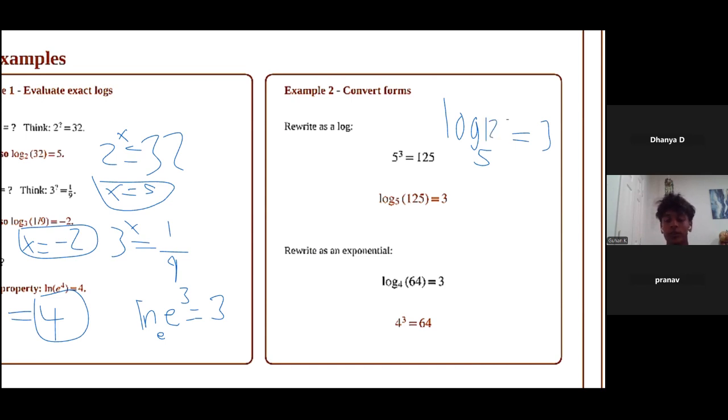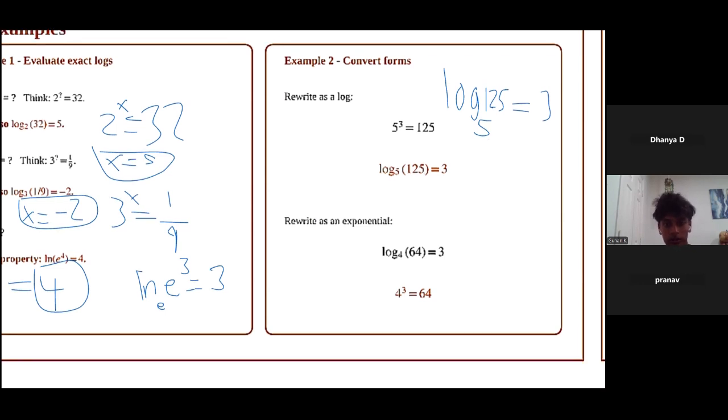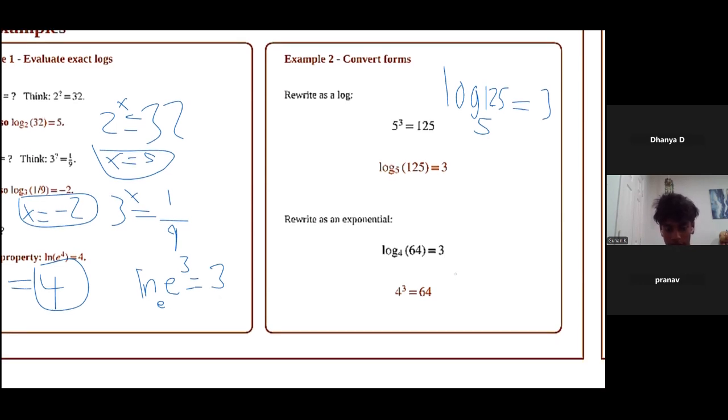So 5 to the power of what equals 125? 5 to the power of 3 equals 125. So the base to the power of the answer equals the argument. The argument is basically just this over here. By the way, sorry for not explaining that earlier.